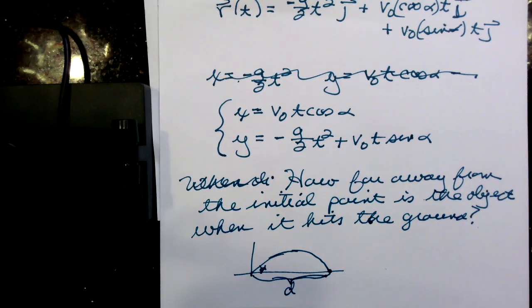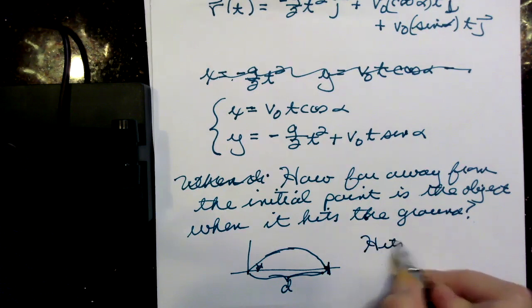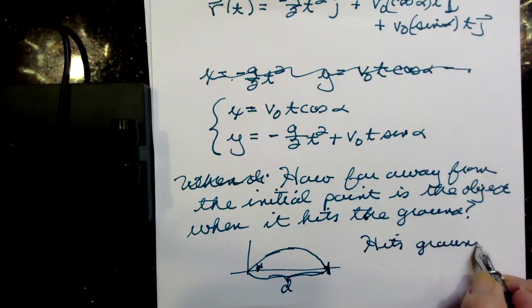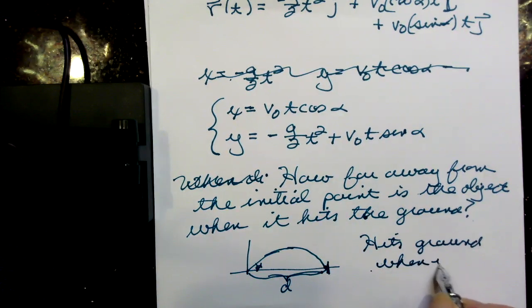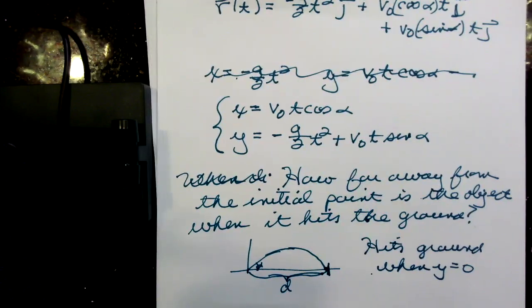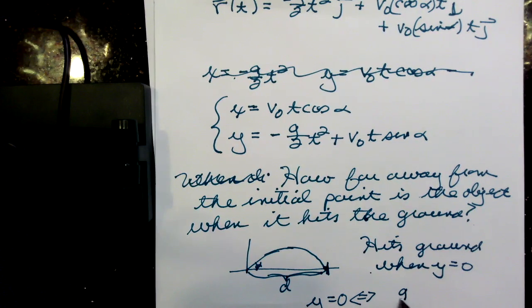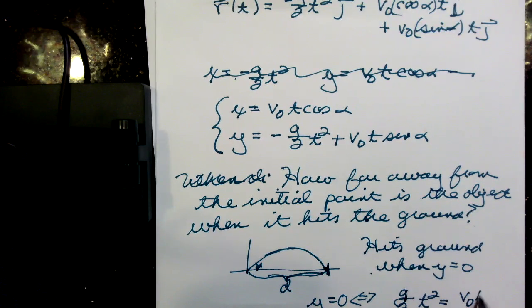Okay, so it's going to hit the ground when? And what's an easily identifiable point for this? Well, notice that the y value is 0, both here and here. So it hits the ground when y equals 0. We just found the equation for y. So y is equal to 0 if and only if g over 2 t squared is equal to v0 t sine alpha.